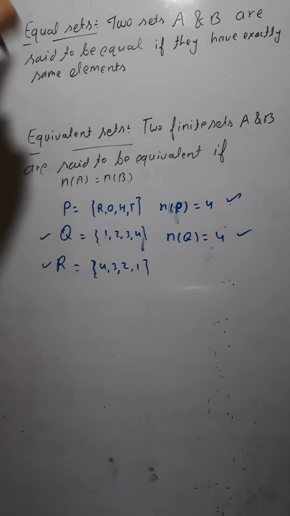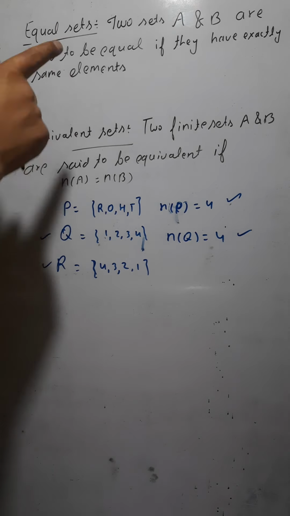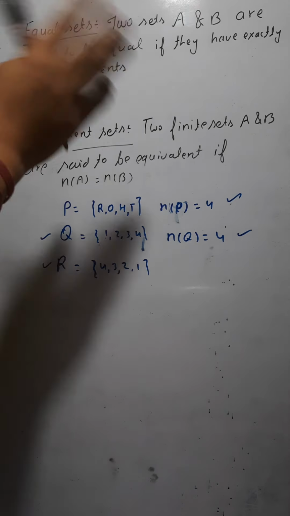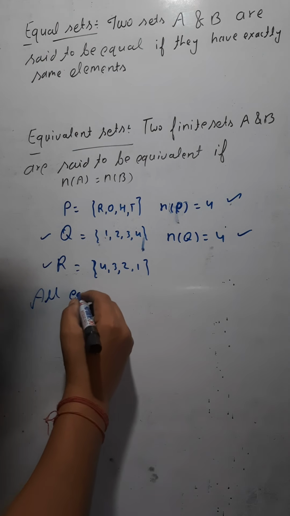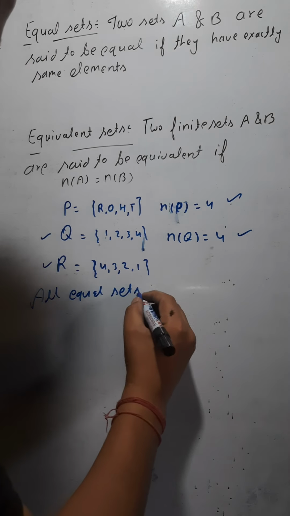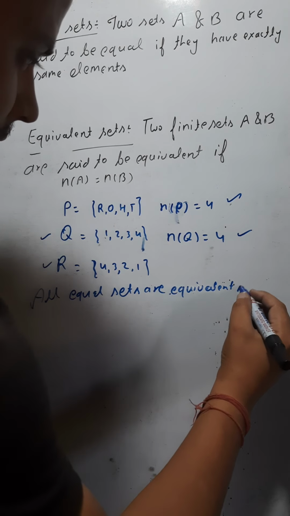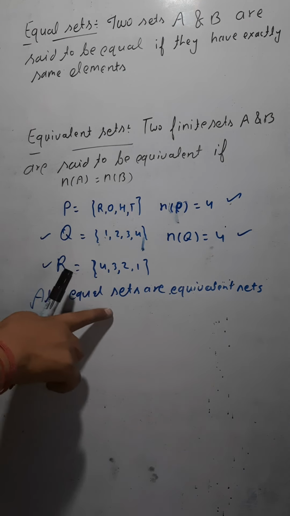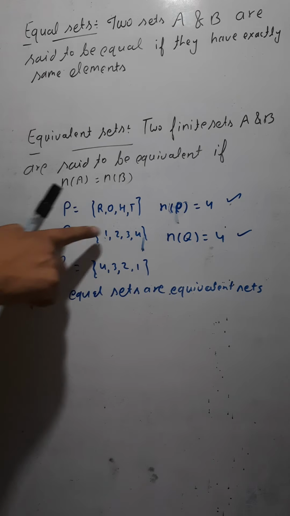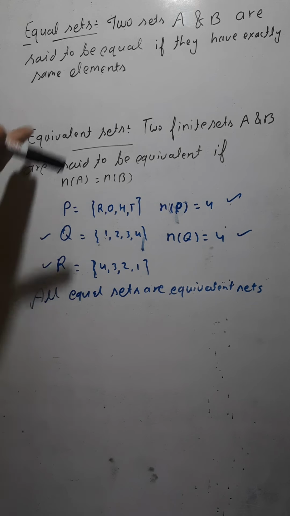So we can say all equal sets are equivalent sets. Yes or not? All equal sets are equivalent sets, because equal sets have the same cardinal number, so you would call them equivalent sets also.